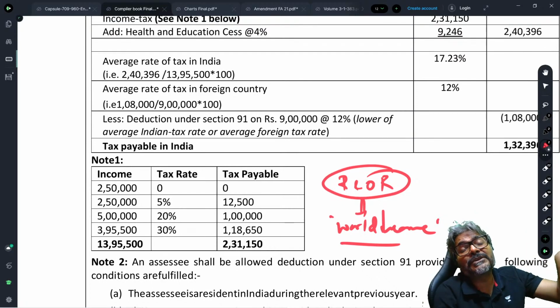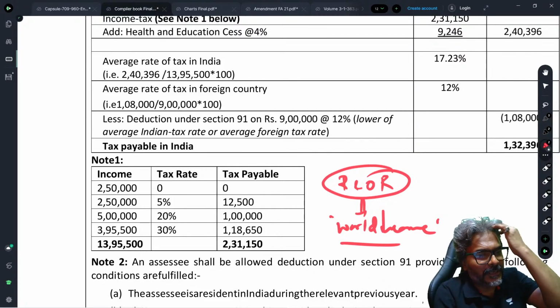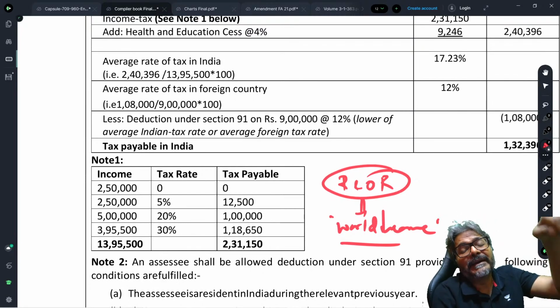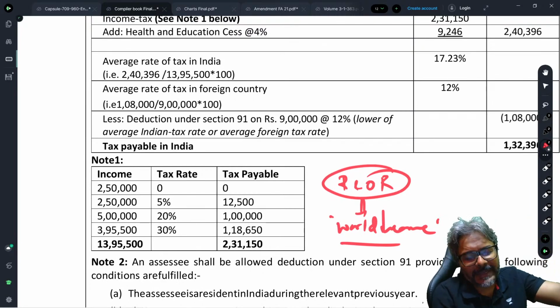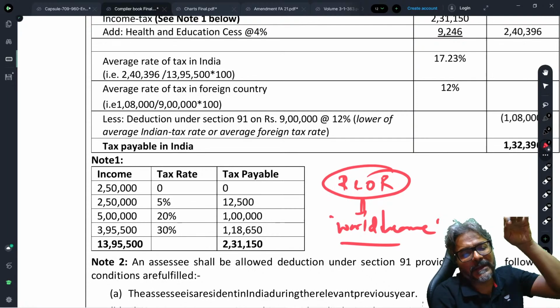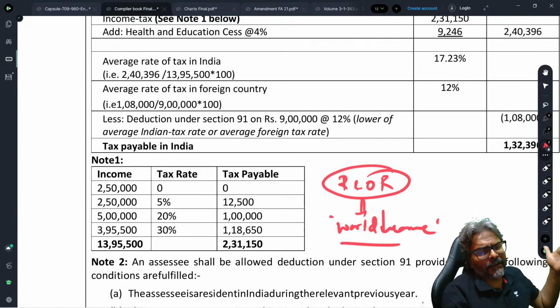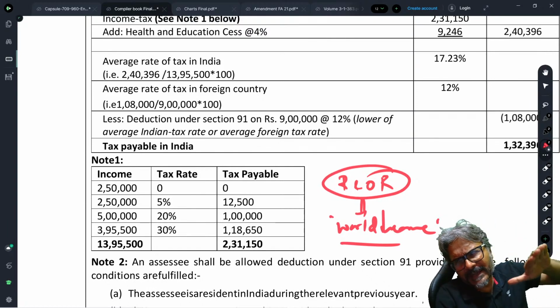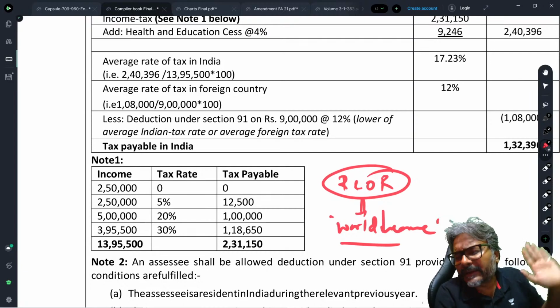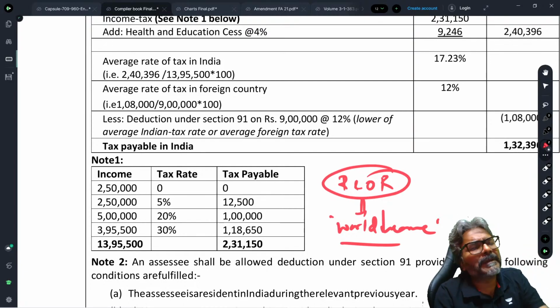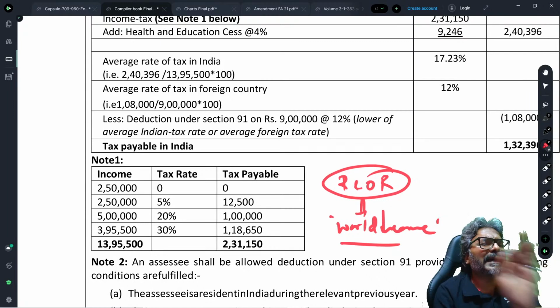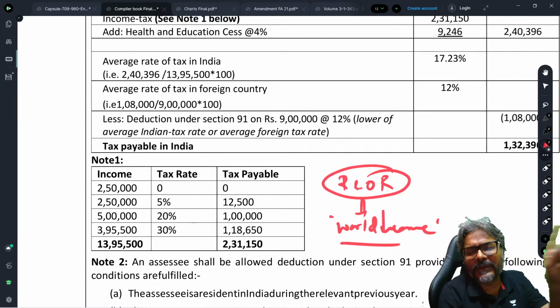The month in which these incomes have become due or have accrued. So the month in which the dividend, interest, capital gains, salary has become due or accrued, you will go to the preceding month, take the last date, and of the last date, the TT buying rate. Whatever is the TT buying rate, apply that conversion factor, and that will give you the INR amount. Is that clear to all of you?